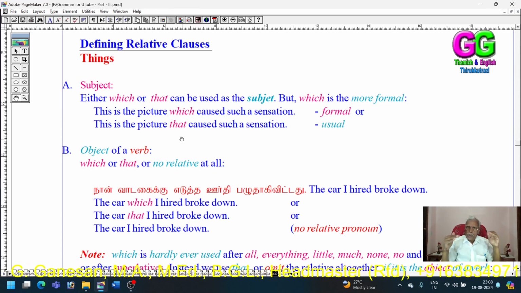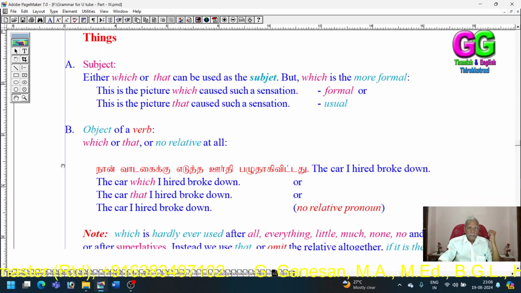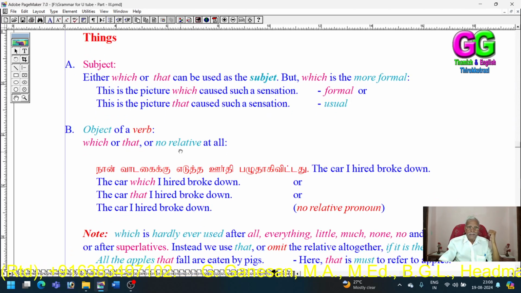Sometimes both which and that are totally removed. Without which and that, we can frame English sentences both in speech and writing.